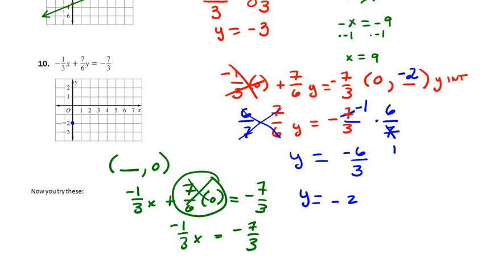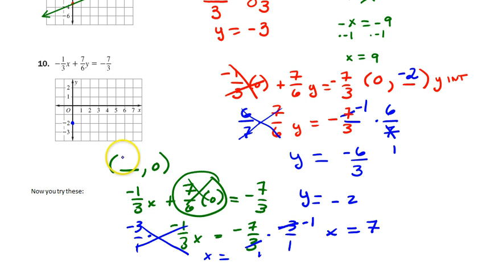I'm going to multiply both sides by the reciprocal, so times negative 3/1 times negative 3/1. Right, these cancel out. I'm left with x equals, right, this becomes 1, this becomes negative 1. Well, a negative times a negative is a positive, so I'm left with x equals 7. So I know that my x-intercept ends up being 7.